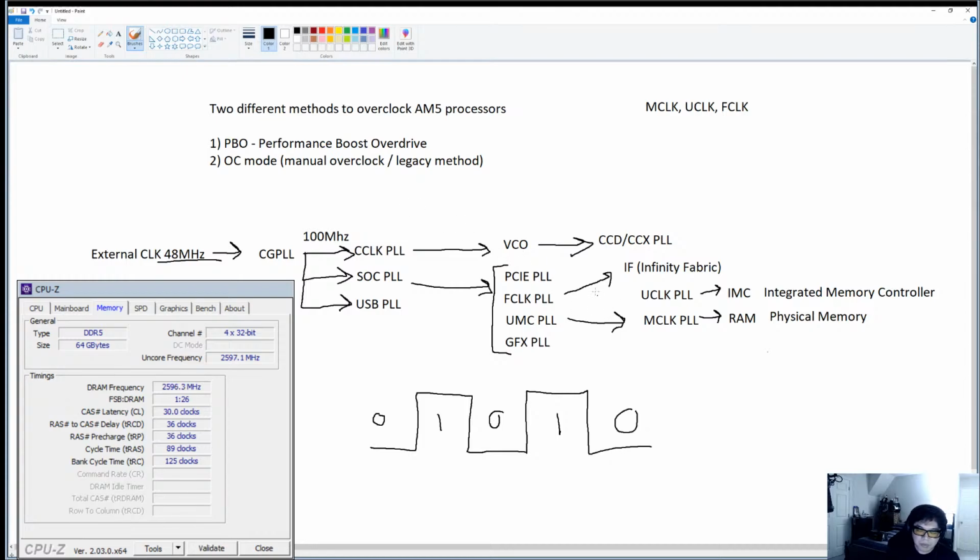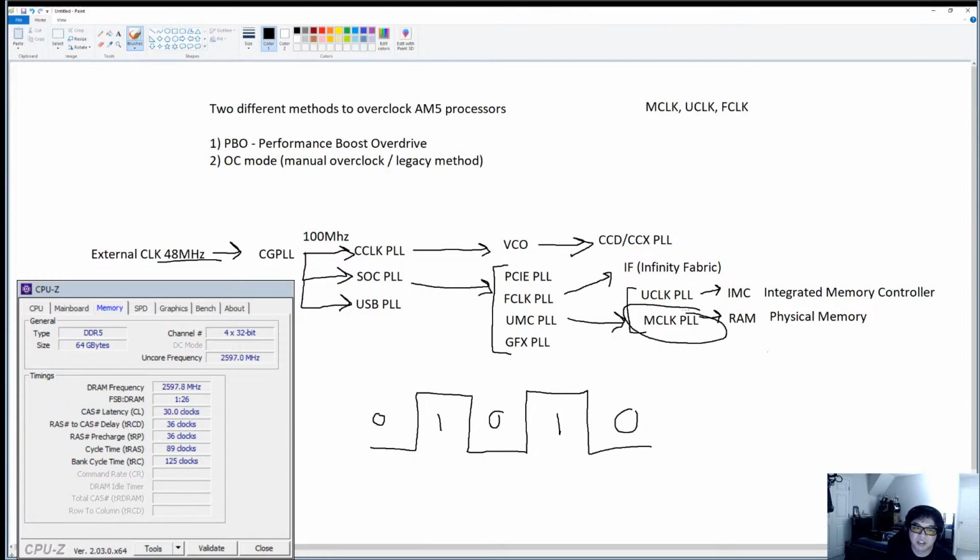When we are running the memory in what's known as synchronous mode, or when you're running your UMC, the Unified Memory Controller, that refers to both the U clock and the mem clock. The U clock is the IMC clock, so that's in the Ryzen CPU.